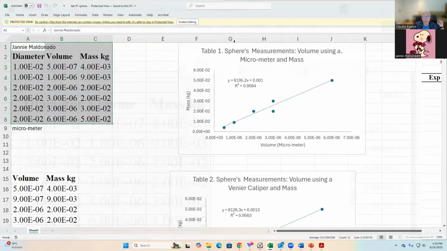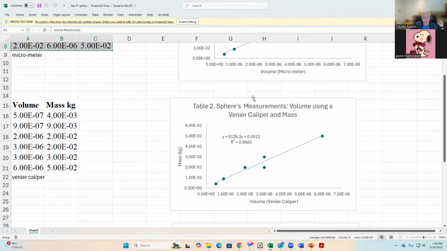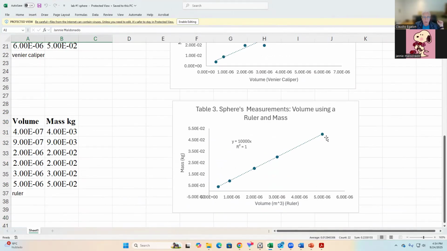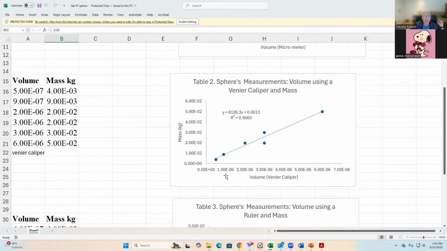Let's see, group eight. Yeah, they look okay. You have those 2 points, right? Why do we have only 5 points here? It looks odd, but those 2 points are very close to each other. That's why.